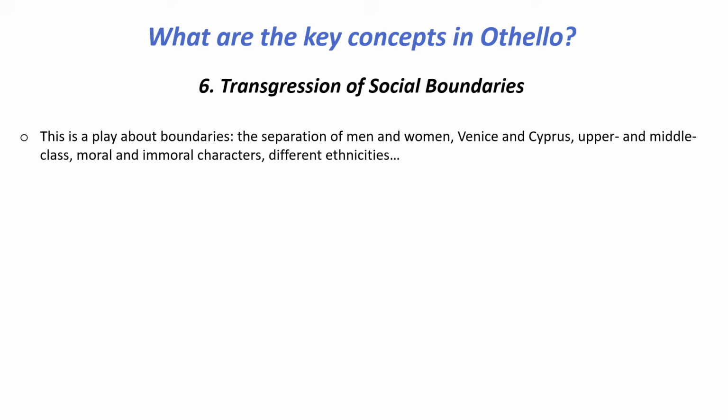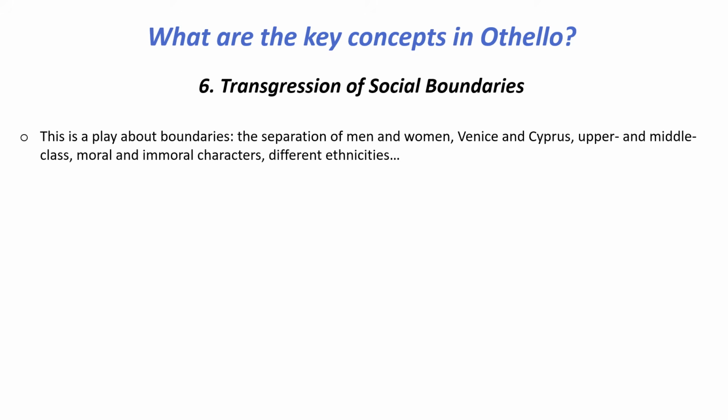And what's really interesting about the play is how when characters exist at these boundary points, they often become quite blurred. So if you look at morality and immorality, for example, at one point Iago says that nothing he's doing is actually immoral, because all he's doing is speaking to Othello and saying, you know, your wife might be having an affair. You know, in Iago's head, I suppose, what's wrong with that?